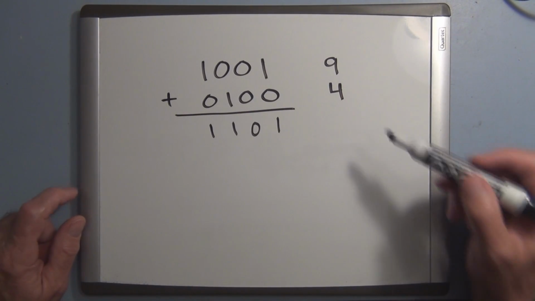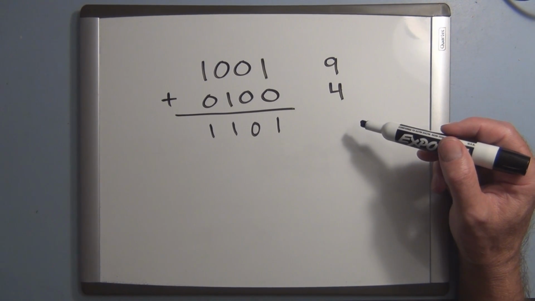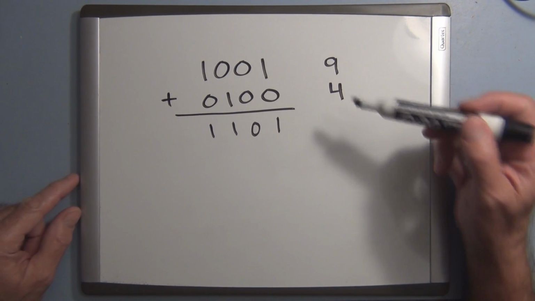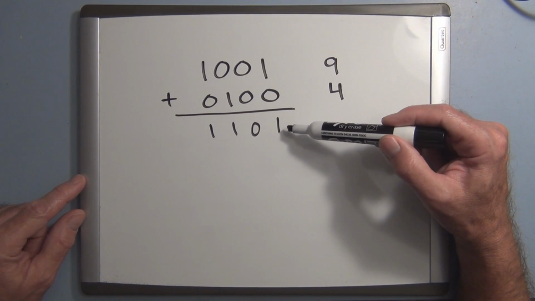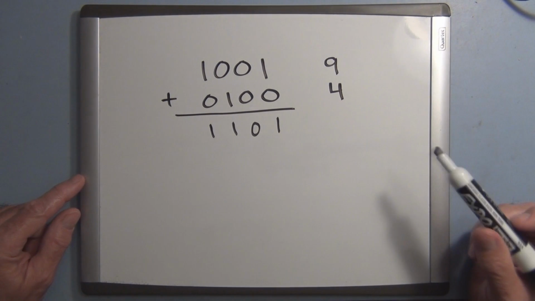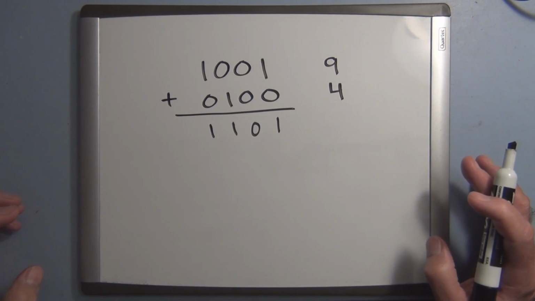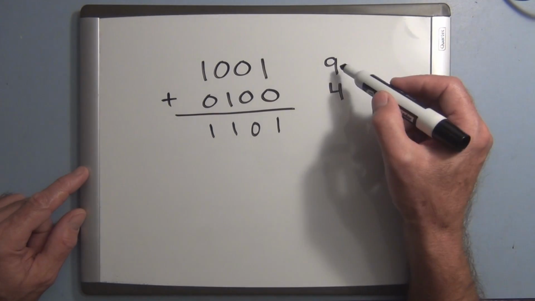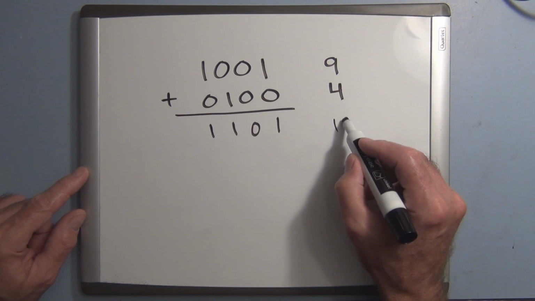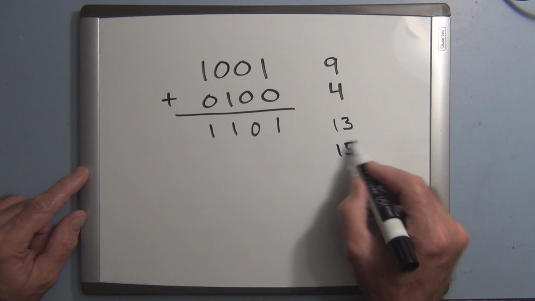So you might be asking yourself, how do we add more than two numbers? Well, we don't need to. If we want to add another number, we add two numbers, get the result, and then add a third number to that. The power comes with the speed with which we're going to be able to do this in a microprocessor. So in this case here, we add the 9 and the 4, we end up with a result of 13, and then we can go and add 15 to that.